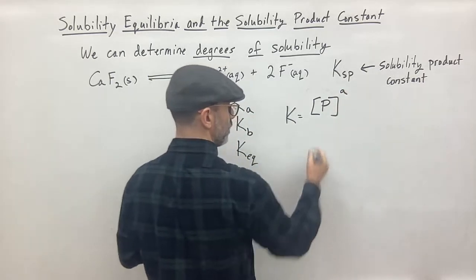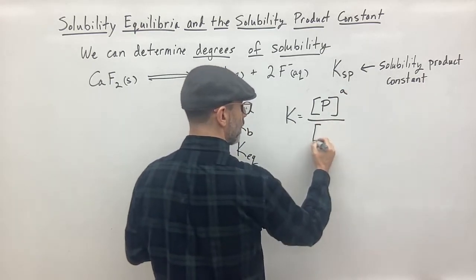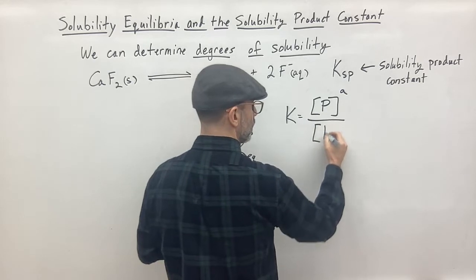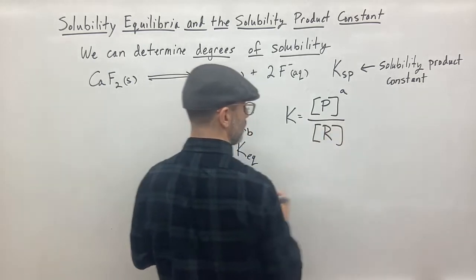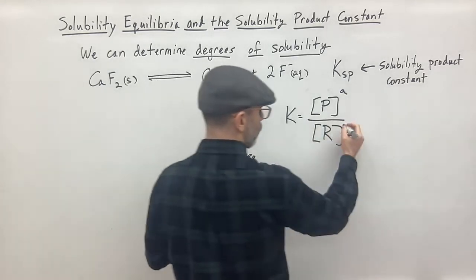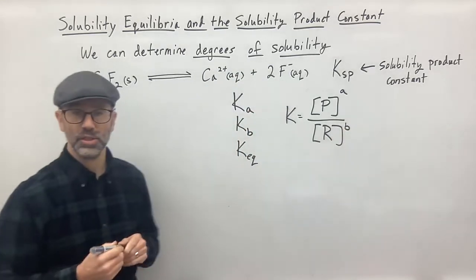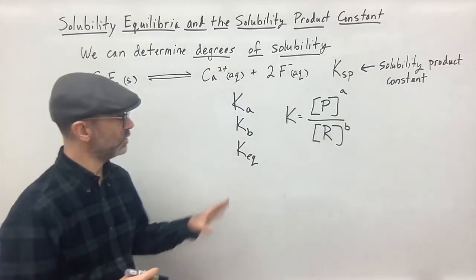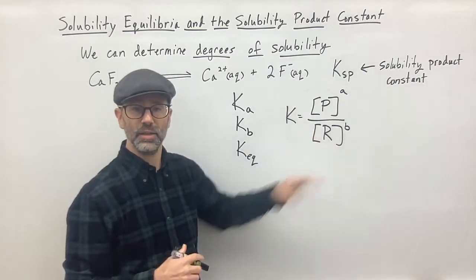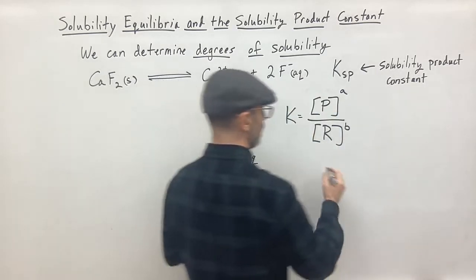So we could say a is your coefficient. And that's going to be divided by the concentration of your reactants, raised to their coefficients. So this is a very general idea. Usually it looks something like this.